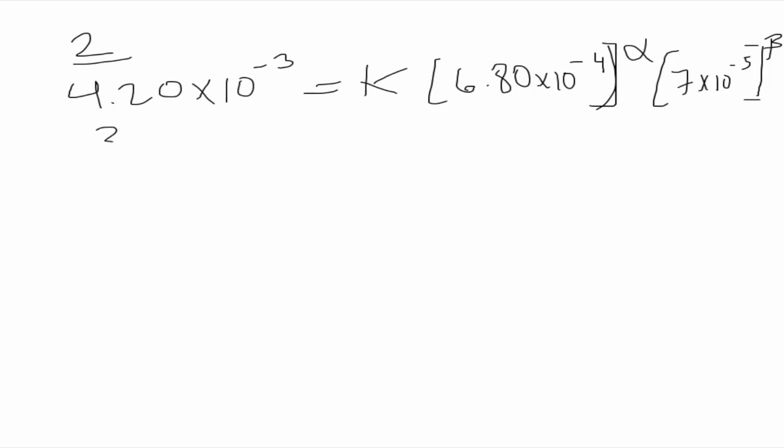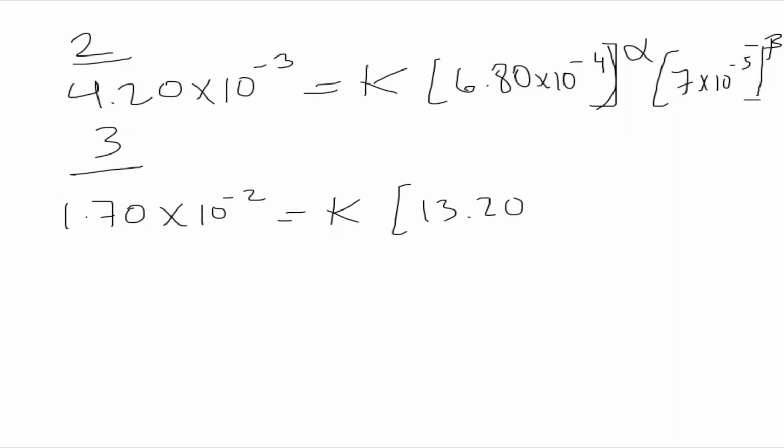For trial 3, we had a rate equal to 1.70 times 10 to the negative 2, that is equal to K times the concentration of A, which is 13.20 times 10 to the negative 4 to the alpha, and the concentration of B is exactly the same, 7 times 10 to the negative 5 to the beta.